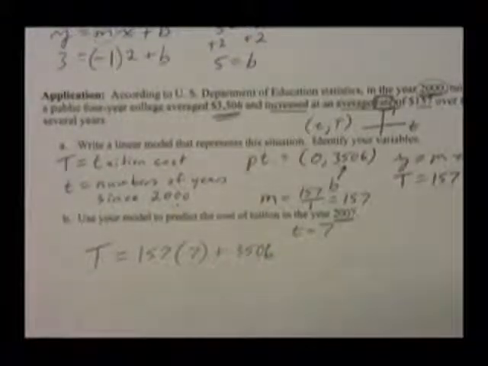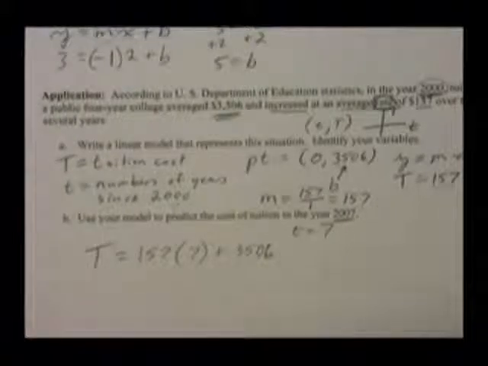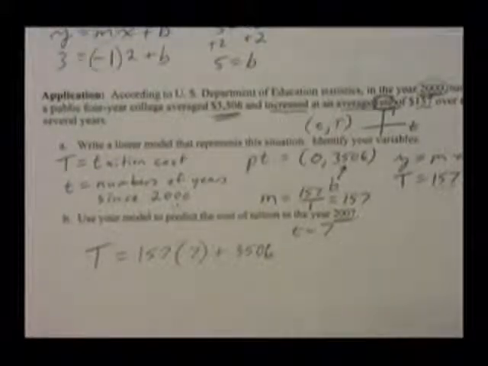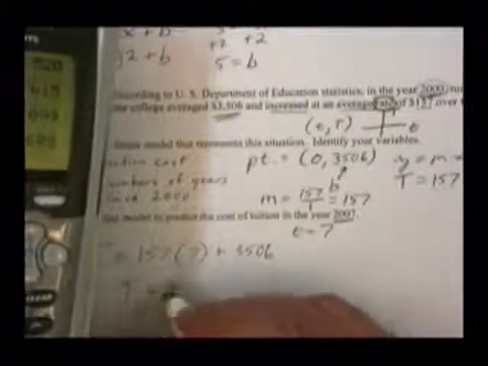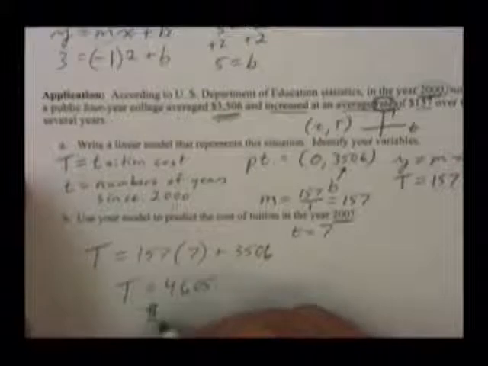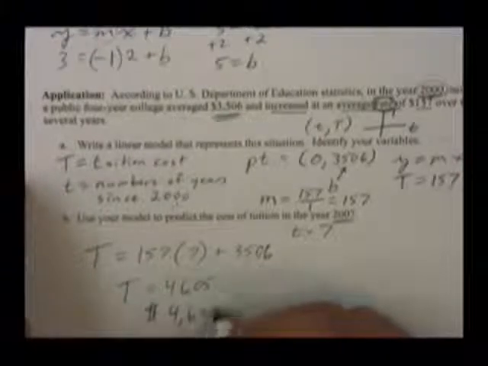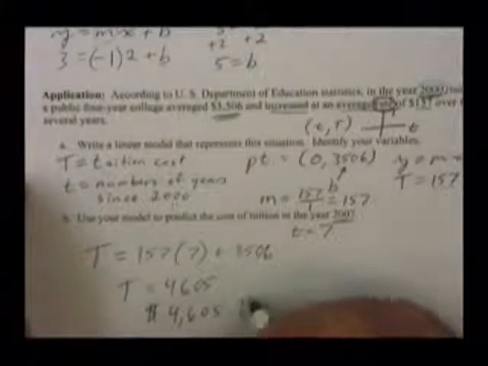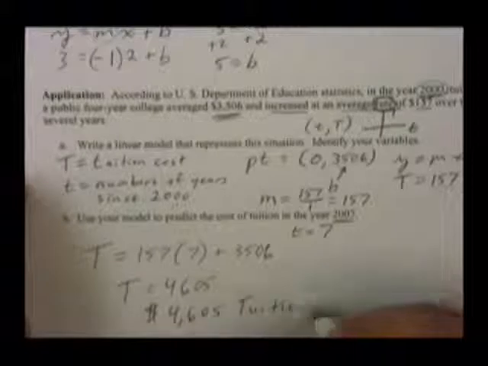And when I use my calculator on that, 157 times 7 gives me 1,099, plus 3506 gives me a tuition of 4605. So that's going to be my tuition cost.